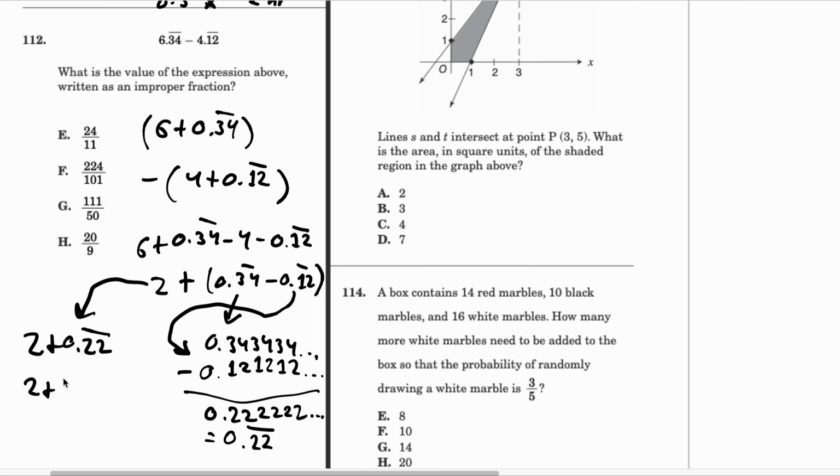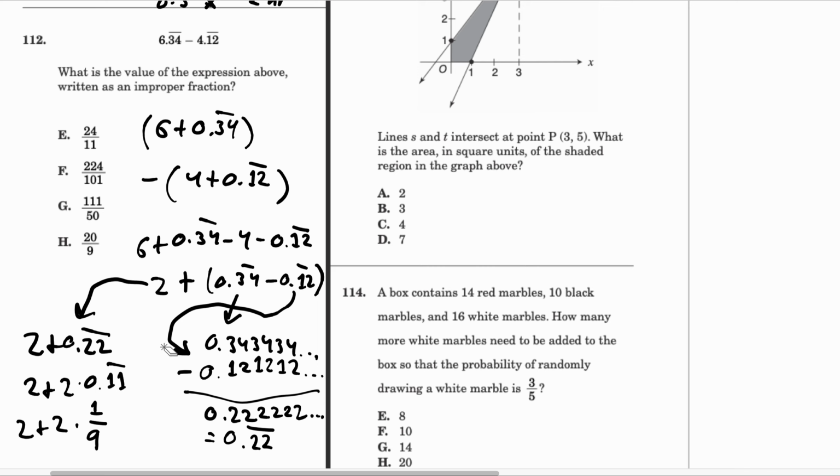But okay, so this 0.22 repeating is just 2 times 0.11 repeating, right? So then this would be 2 plus 2 times 0.11 repeating, which, you might not know this, but I think this question sort of presumes it, is 1 over 9. You can check that, obviously.